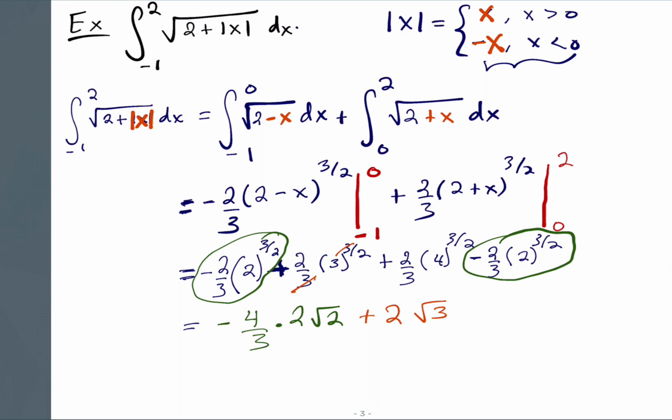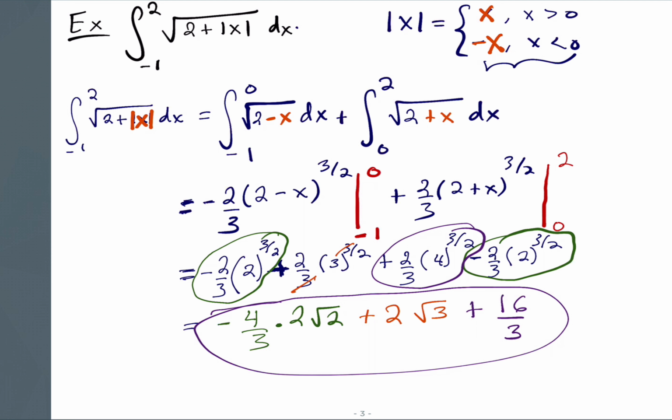And then, how about that last one? 4 to the 3/2, what is that? 8. Yep. Times 2 is 16, right? Okay. All right, you can combine these a little bit more if you want, but that's good enough. All right, so questions? Is that okay? Doing good?